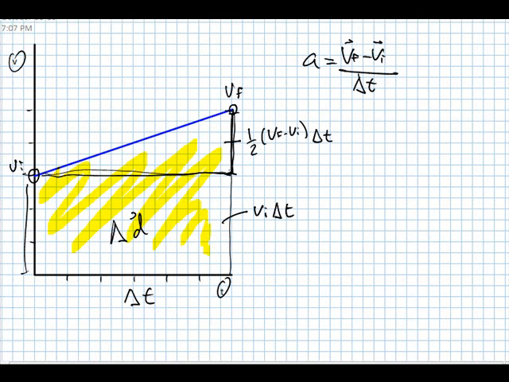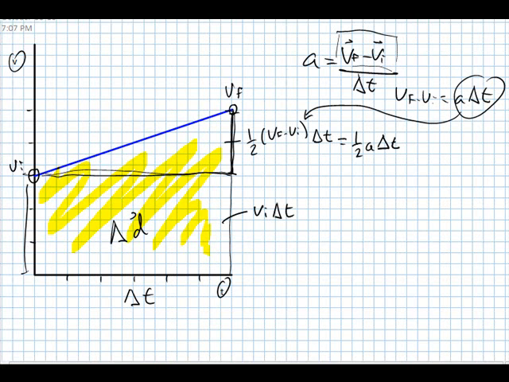Now that's kind of awkward, but if we look up here, we can see that vf minus vi is a term in our acceleration equation. Rearranging this equation, we see that vf minus vi is actually equal to a delta t. So we can substitute a delta t in here, and this term becomes 1/2 a delta t squared.